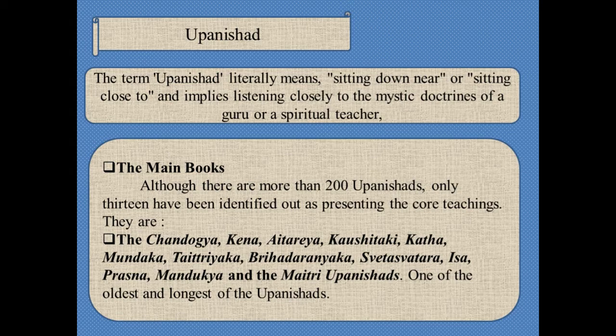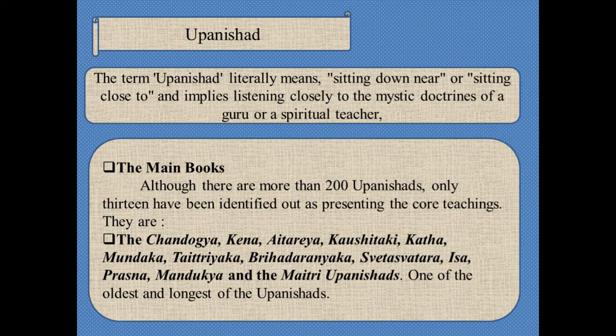Among the Upanishads, nearly 108 were discovered. Among them, 13 are very important. Which are these 13 Upanishads? They are the Chandogya, Kena, Aitareya, Kaushitaki, Katha, Mundaka, Taittiriya, Brihadaranyaka, Shvetashvatara, Isha, Prashna, Mandukya, and Maitri Upanishads.